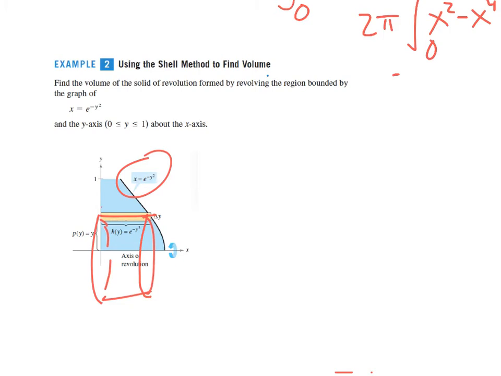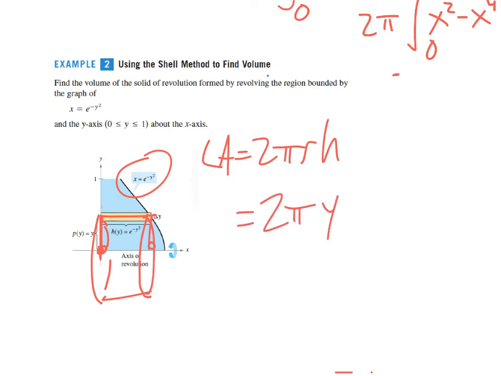So when that line rotates, it gets a cylinder, and we know the lateral area of a cylinder is 2 pi r h. The radius is this distance right here, and that is the y value. So we have 2 pi times the y value. And the height, I said that wrong, it's the height, not the circumference.